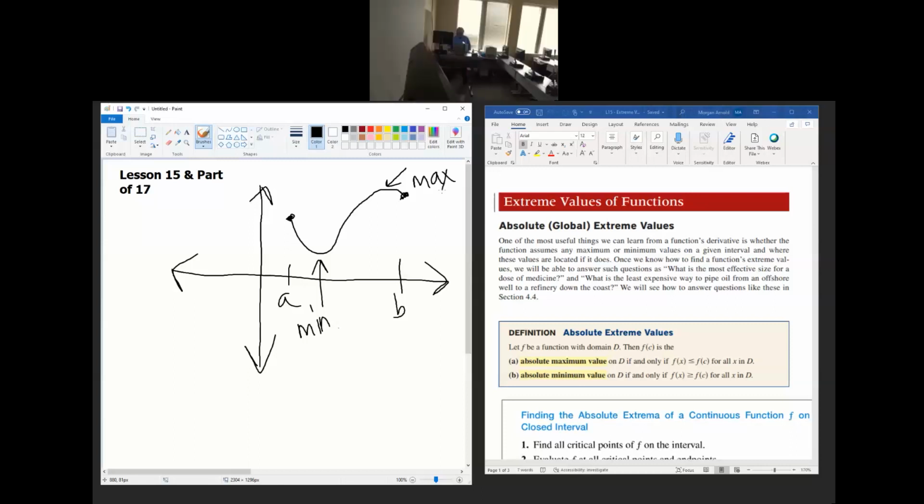Definition of absolute extreme values. Let f be a function with domain capital D. Then f of c is the absolute maximum value on the domain if and only if your function f of x is less than or equal to this f of c.